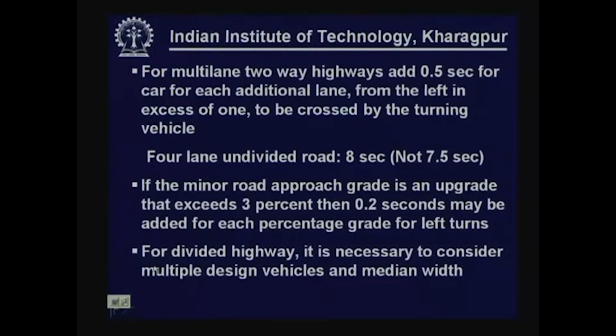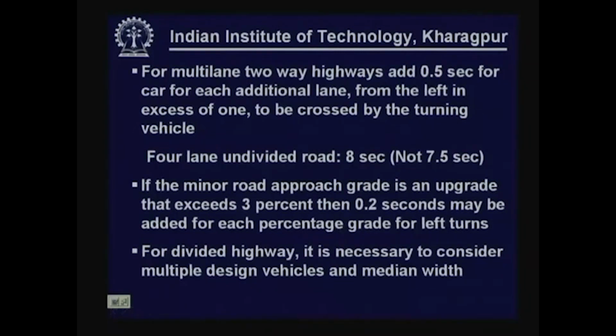If the minor road approach grade is an upgrade that exceeds 3%, up to 3% there is no correction, it is still 7.5 to 11.5, but if it exceeds 3%, then 0.2 seconds may be added for each percentage grade for left turn.